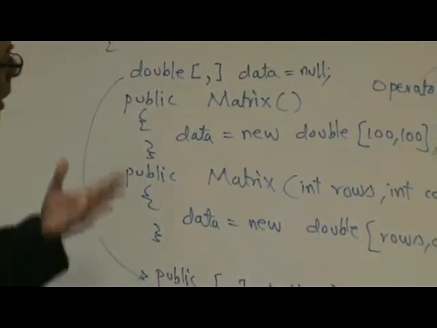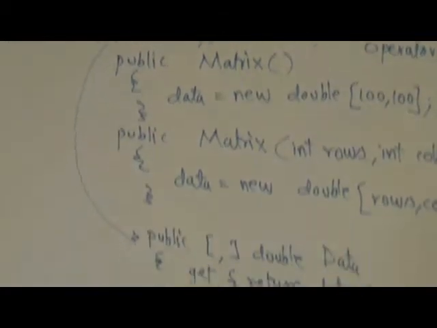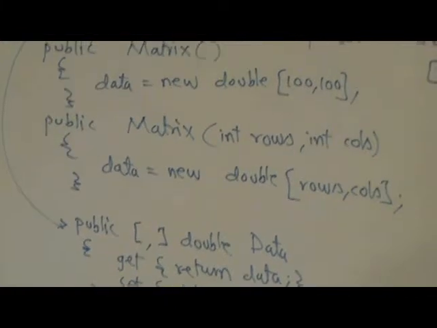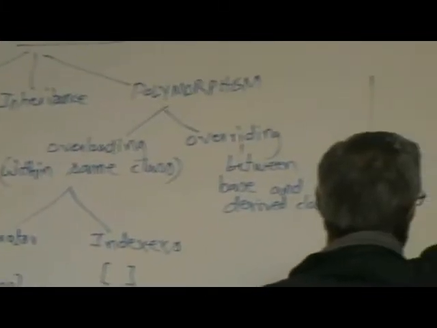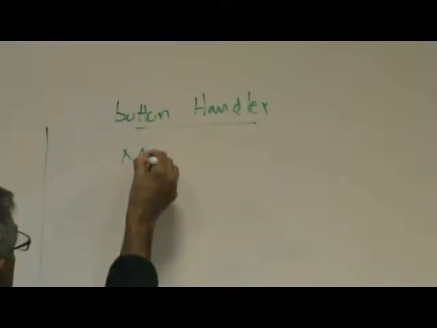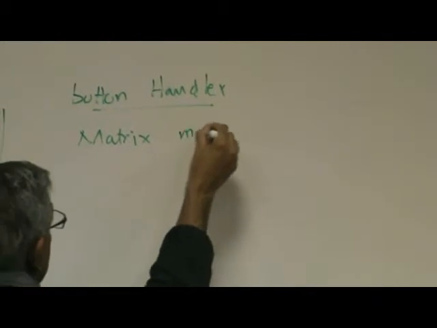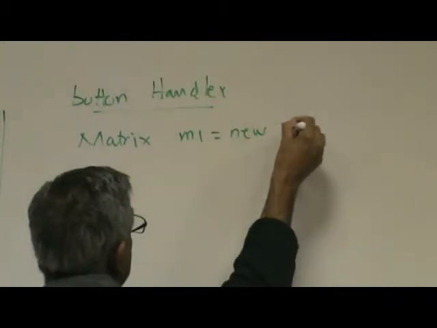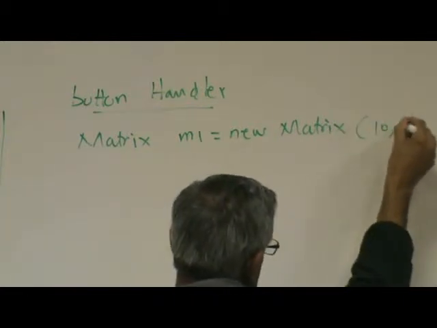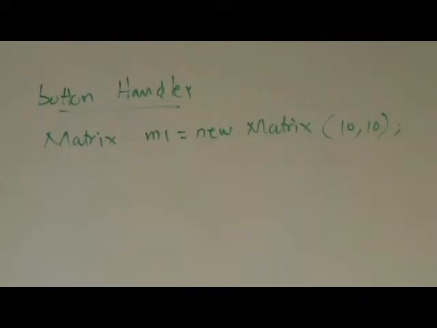Okay, so now if somebody created, let's say in one of the button handlers, somewhere over here, so somebody wanted to create a matrix, right? They will do something like this, matrix M1 equal to new matrix, and suppose they wanted a 10 by 10 matrix. So they will just simply call it like this, 10 comma 10, correct?